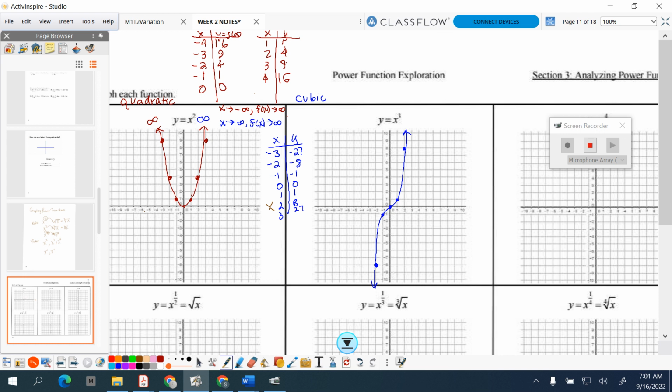All right. So what's notable here, it is symmetric. It's oddly symmetric. But the distinction would be in what's happening with these x values and these y values. So this quadratic only produces positive y values, no matter what the sign of the x is.